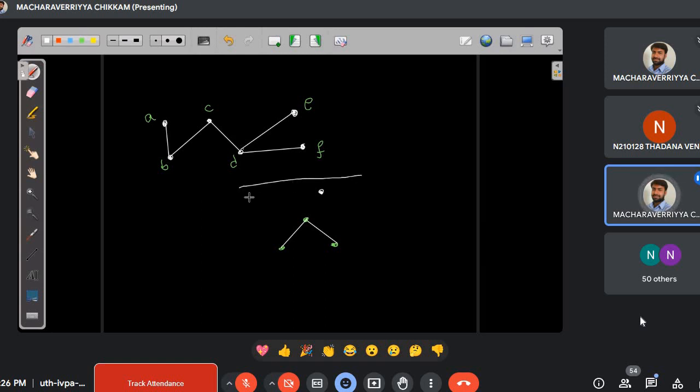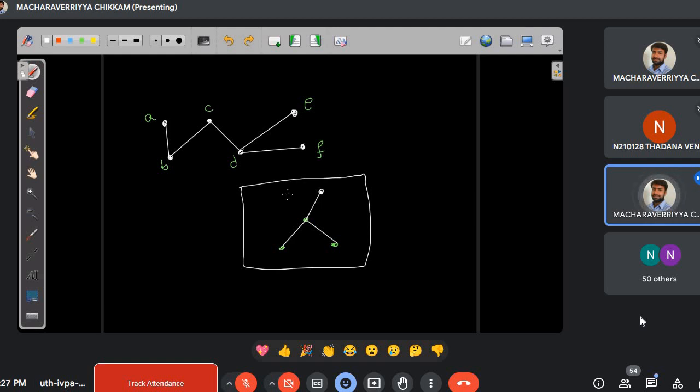In the case of 4 vertices, if the graph is connected, I can go this way. That's it. If it is a simple graph, whereas if it is a multigraph, then you may have multiple edges like this. Fine. It actually has 3 pendant vertices, not 2.